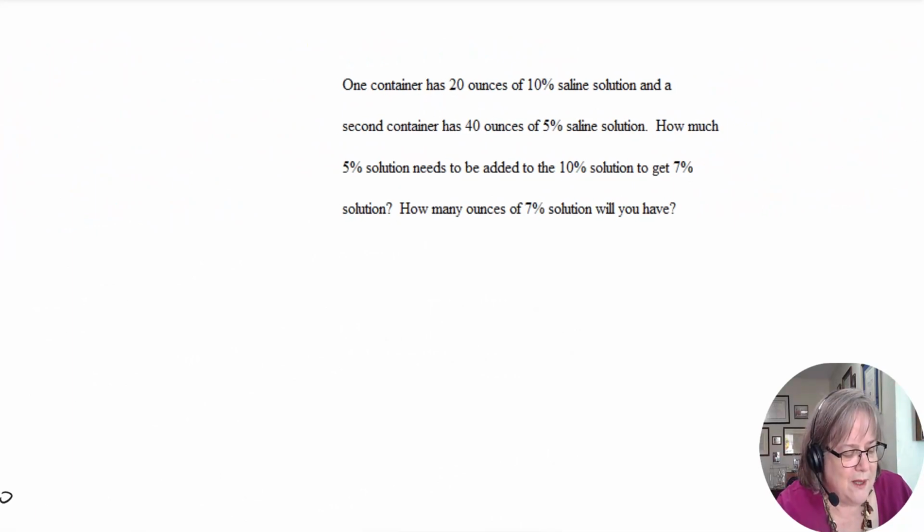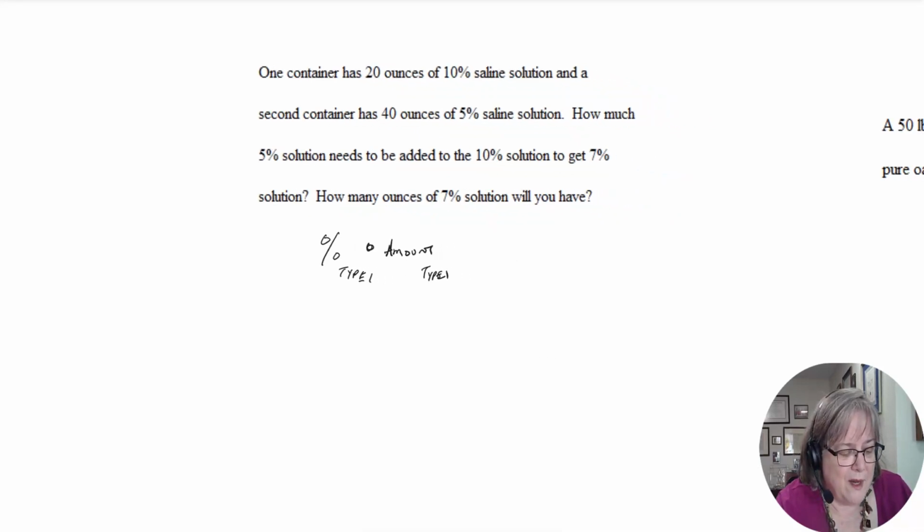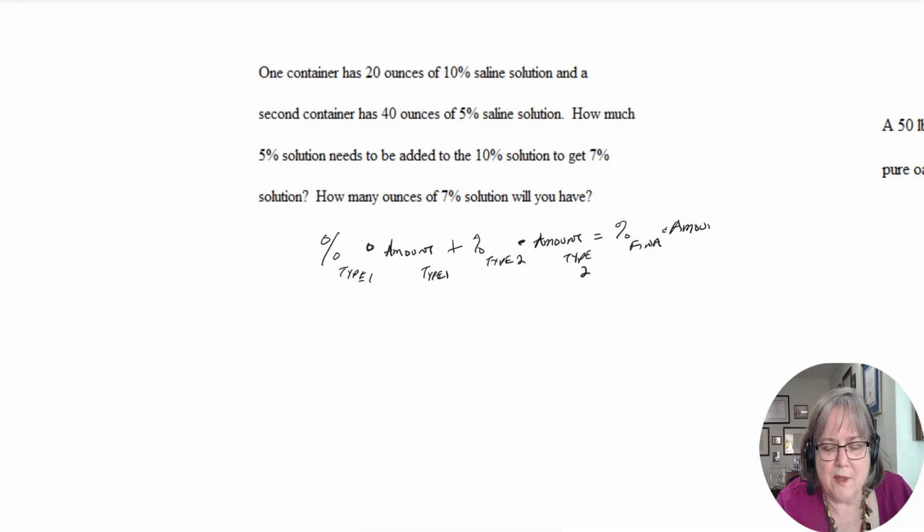And so what works is that you're going to have a percent of type 1 and an amount of type 1, and there's a times here. The percent of type 1 times the amount of type 1 plus the percent of type 2 times the amount of type 2 equals the final percent times the final amount after you mix them together.